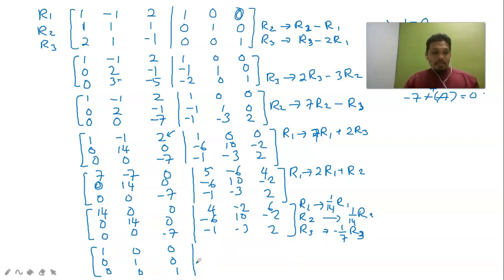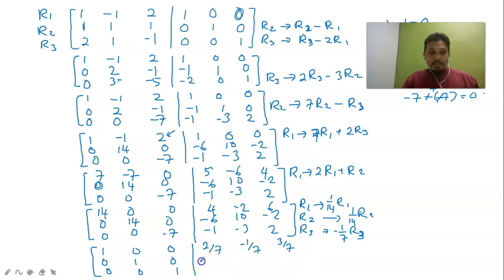So now it's time for us to simplify all this. 4 times 1 over 14, 2 over 7. Negative 12, negative 2 times over 14, negative 1 over 7. And also, okay, we simplify all this. 6 over 14, 3 over 7.